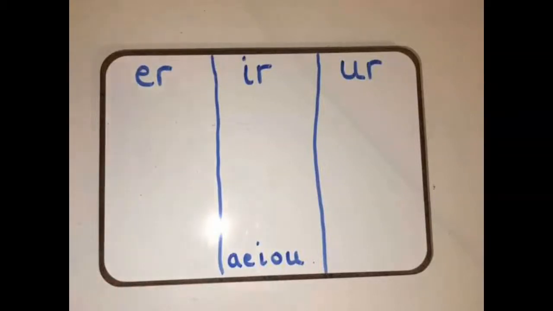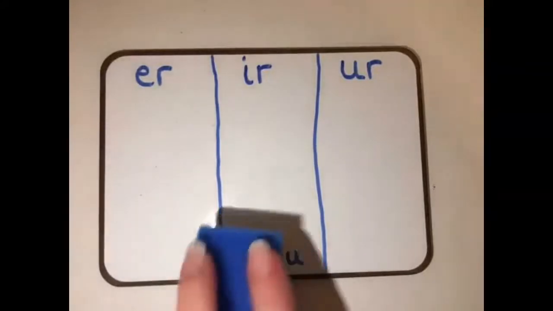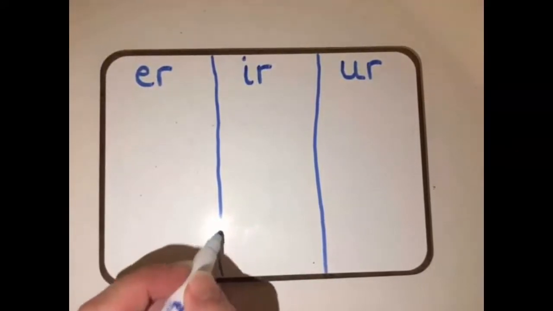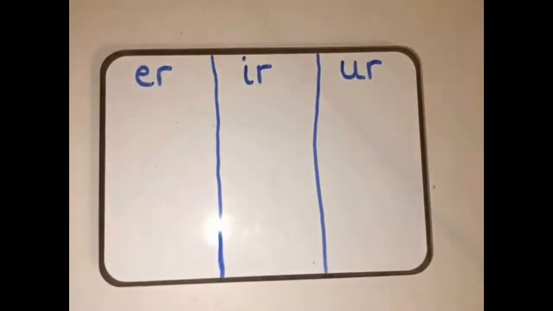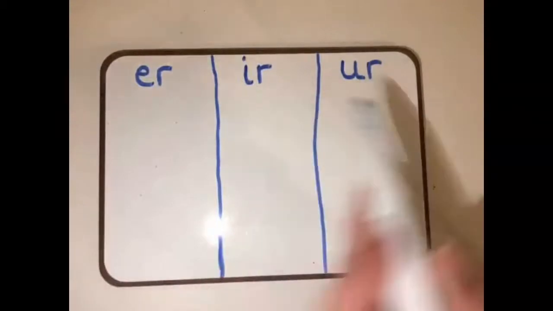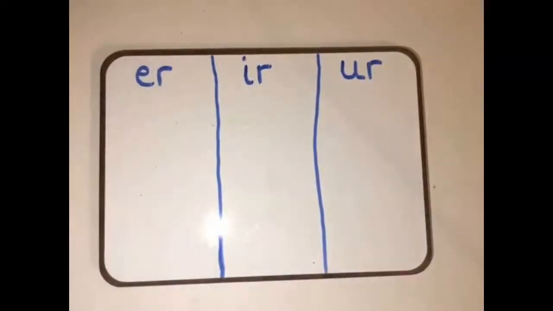All right, so if you wrote the vowels down here, let's either X those out or erase them because I don't want them to confuse you as we go through our little exercise, because our main focus will be ER, IR, and UR, okay? So I want you to think about the word bird.